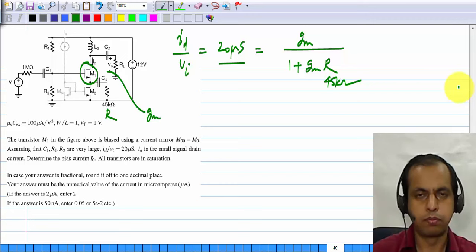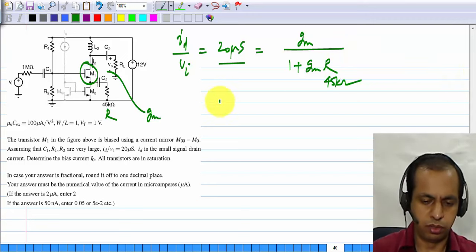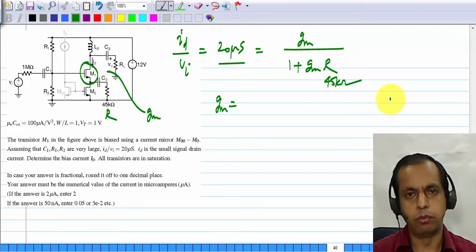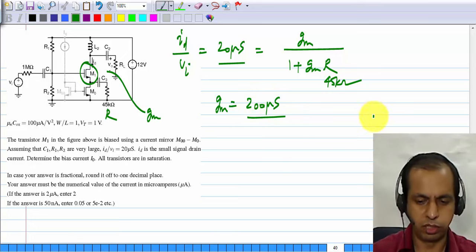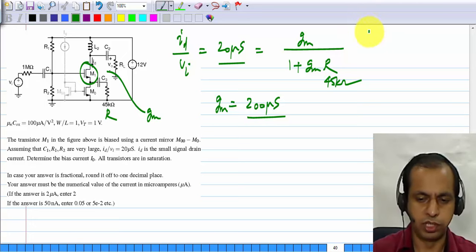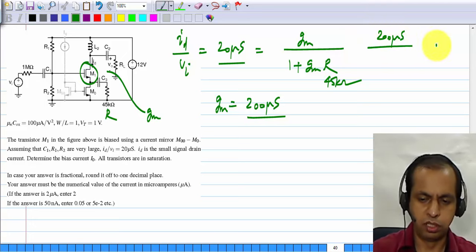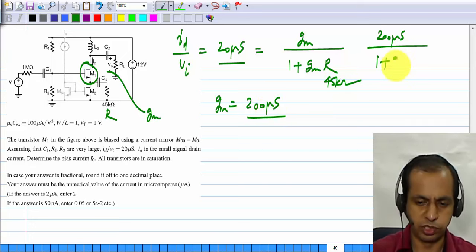So now by solving this, you will find that GM will be equal to 200 microsiemens. Okay, because then 200 microsiemens divided by 1 plus GMR, where 200 microsiemens times 45 kilo ohms is 9.